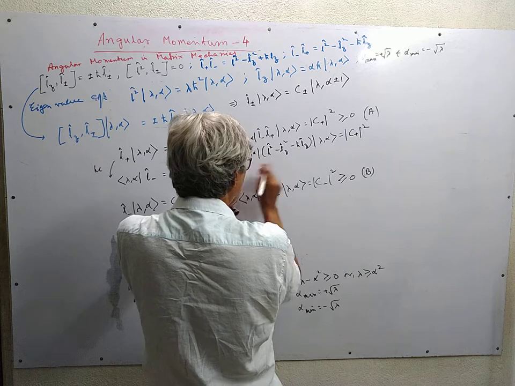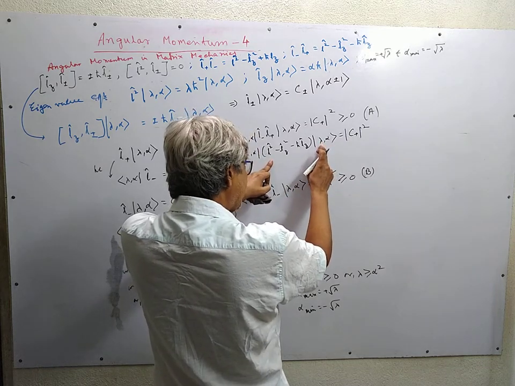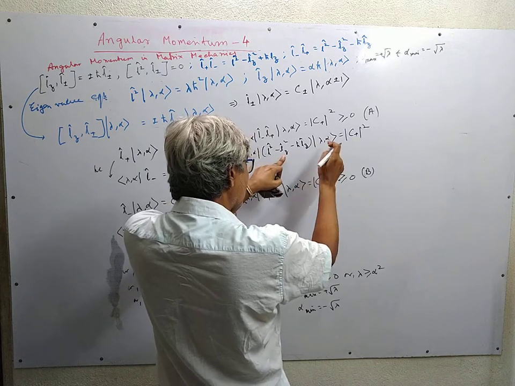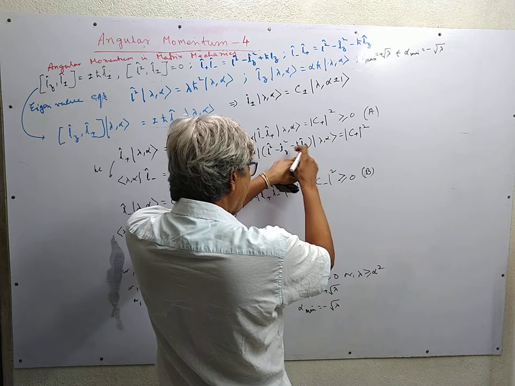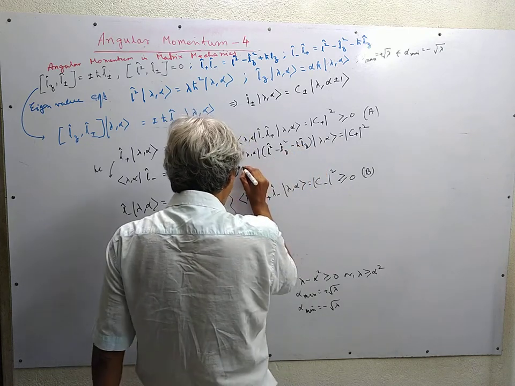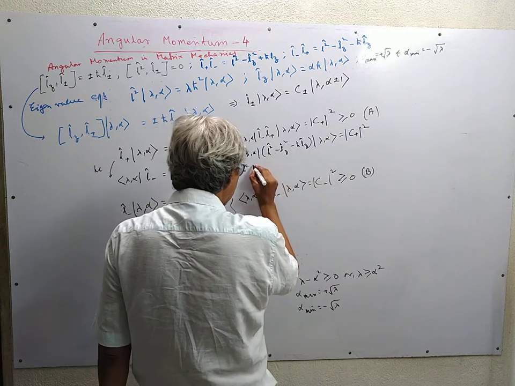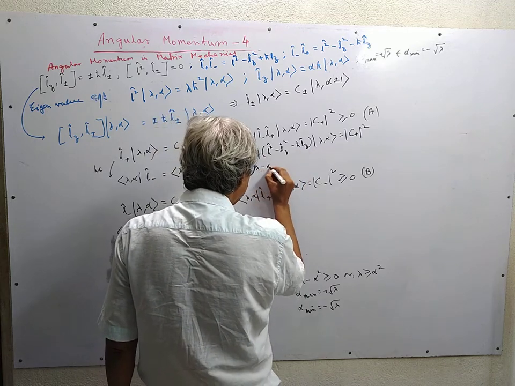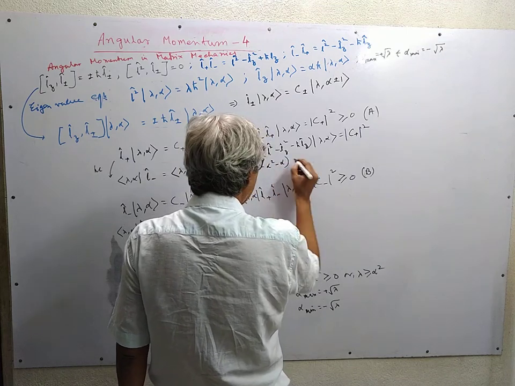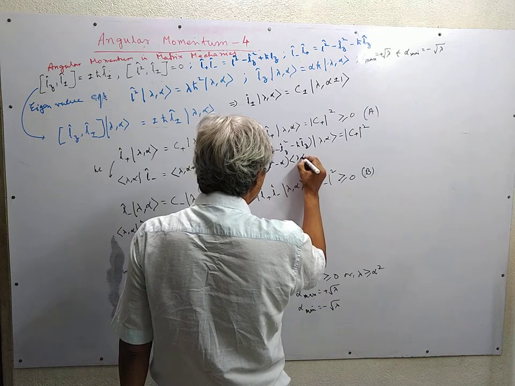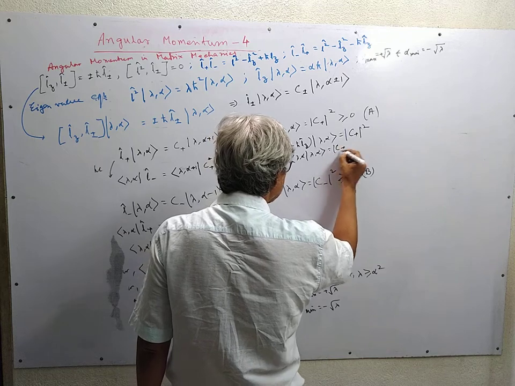Now when this operates on this, we have alpha lambda ħ square. For this it is alpha square ħ square, and for this it is alpha ħ square. So ħ square is taken common. Then we will have lambda minus alpha square minus alpha, and then we will have lambda alpha. The normalization condition is equal to C plus square.